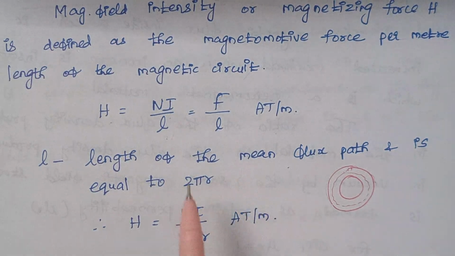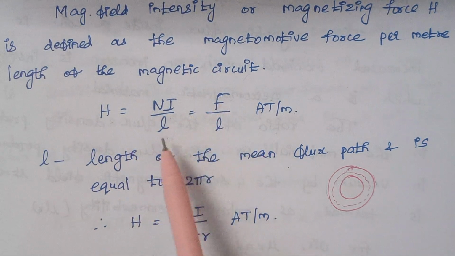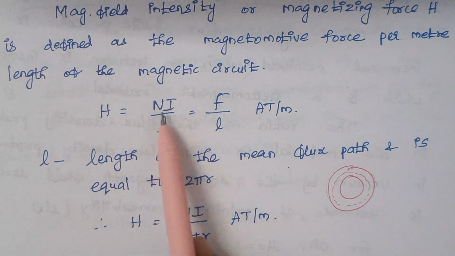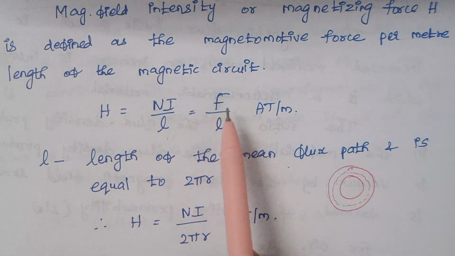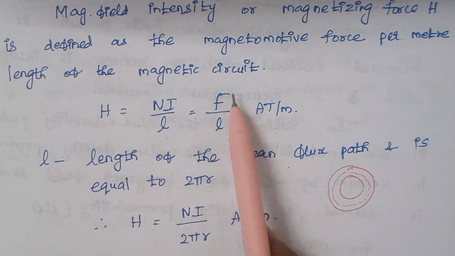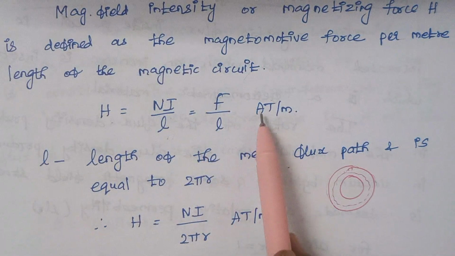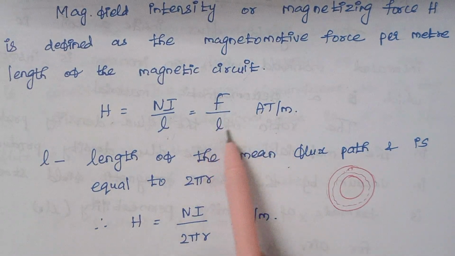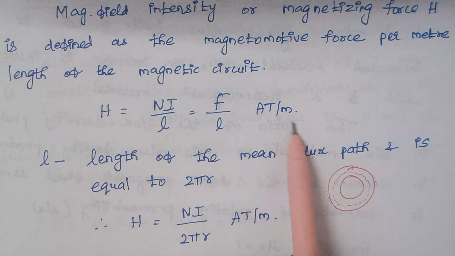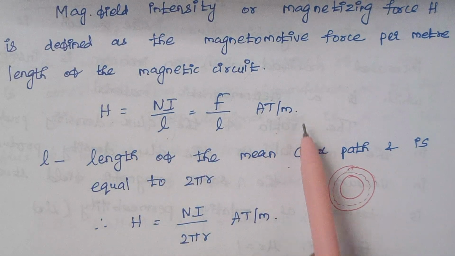So you see here H is equal to Ni by L. Ni is the magnetomotive force, so here it is simply represented as F by L. What is the unit of F? It is ampere turns. And what is the unit of L? It is meter. So H is given by ampere turns per meter.